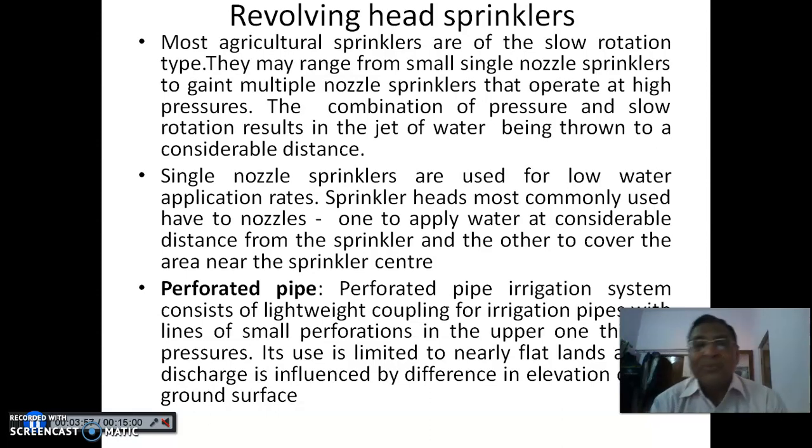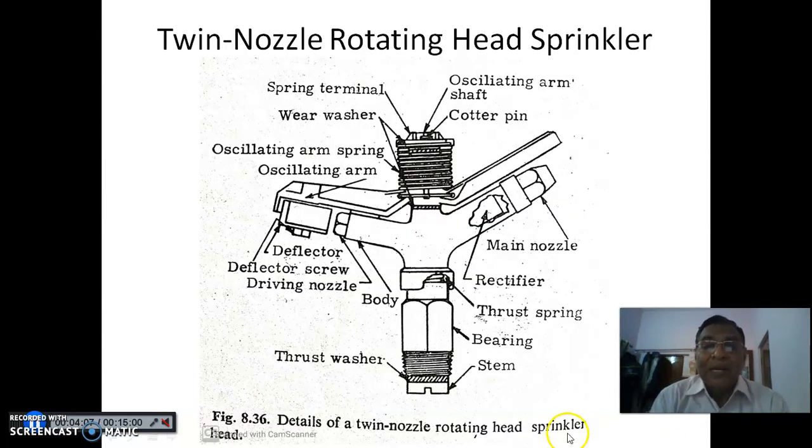For example, in the twin nozzle we have just seen, one nozzle covers the nearby areas and the main nozzle covers the distant area. Like that, there may also be a single nozzle with only one side coverage.